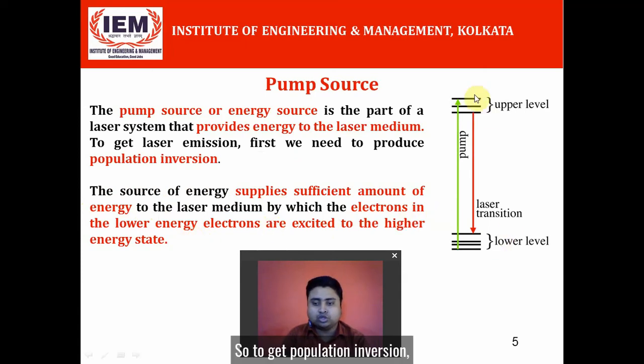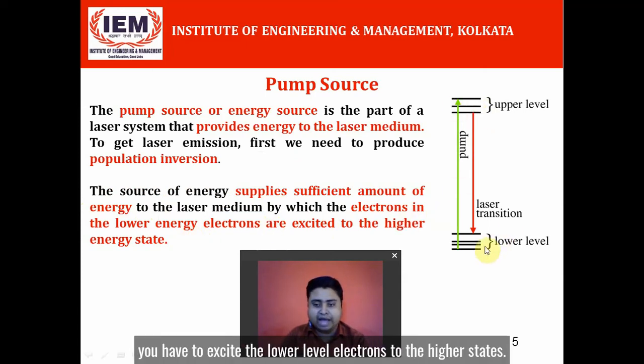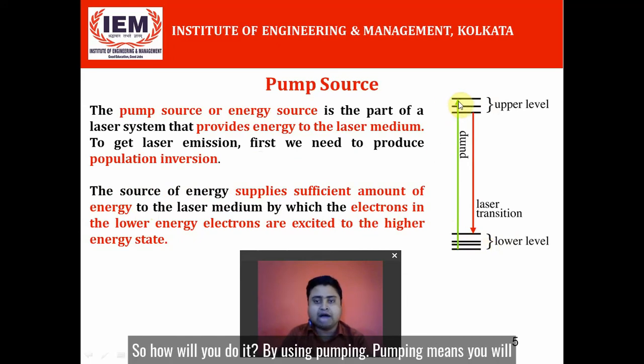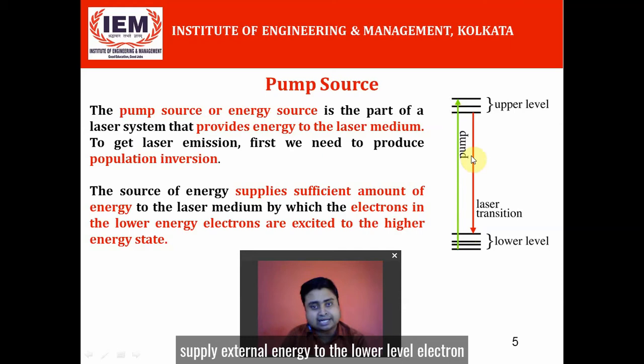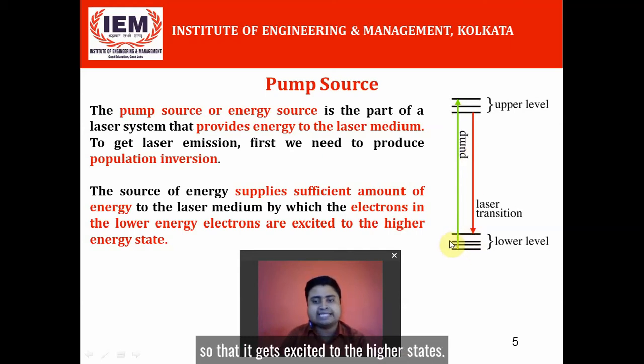So to get population inversion, you have to excite the lower level electrons to the higher state. So how will you do it? By using pumping. Pumping means you supply external energy to the lower level electrons so that they get excited to the higher state.